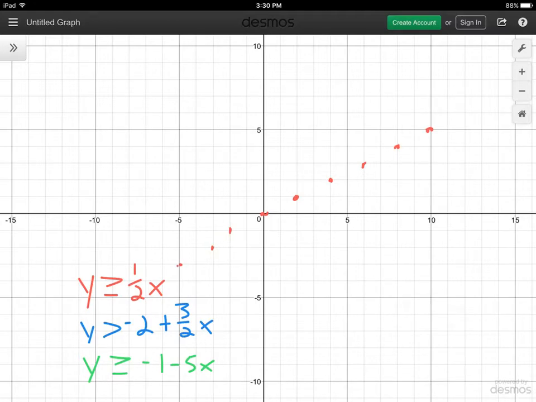Okay, that's greater than or equal to, so that's a solid line. And it's going to be shaded above, and so I'm just going to put those there to remind myself so that it doesn't get too messy. The blue one, I'm going to start down at -2, and it has a positive 3/2 slope.